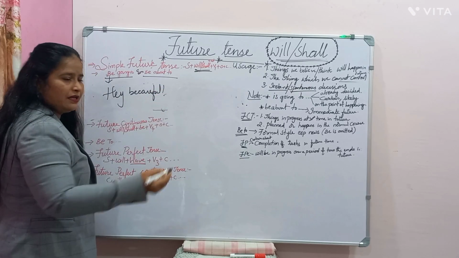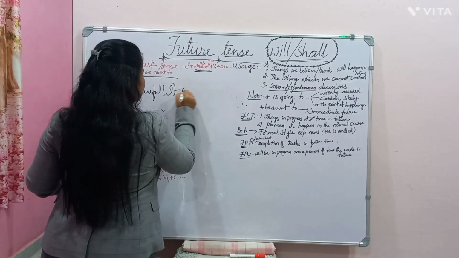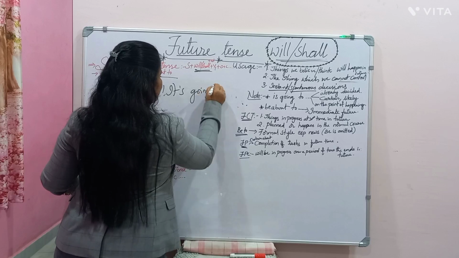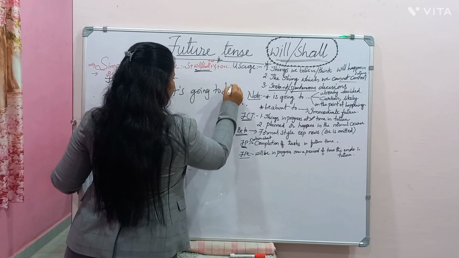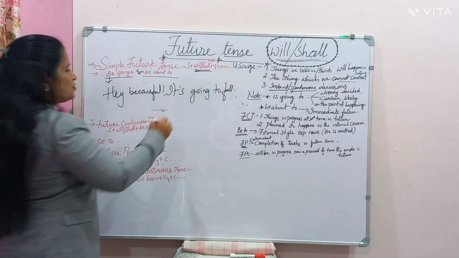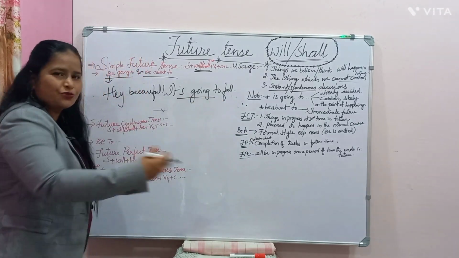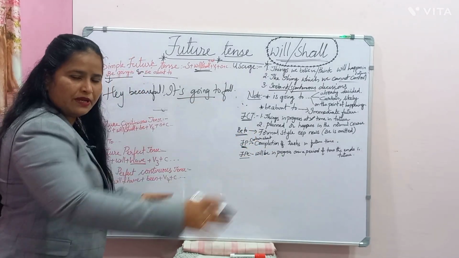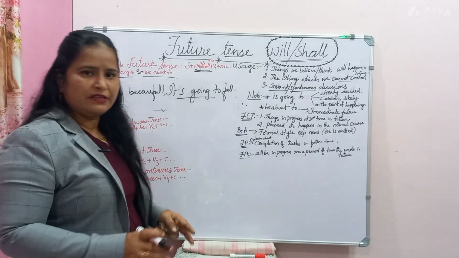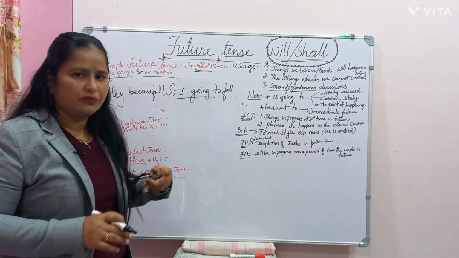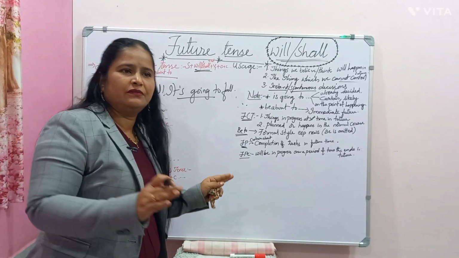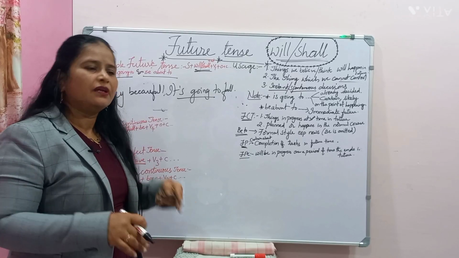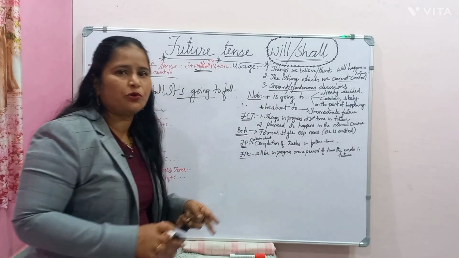Why? It's going to fall. Got it? It's going to fall. Be careful. Don't run in that way. You will fall is something we assume. So it is going to fall is it's about to happen. So let's get into the train.